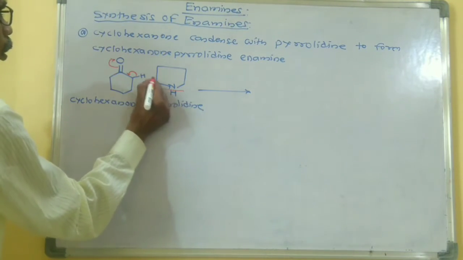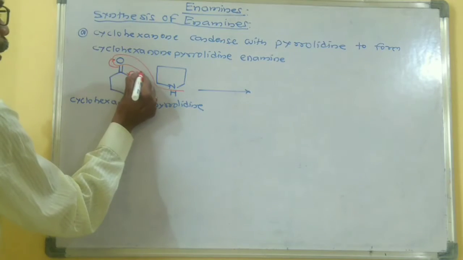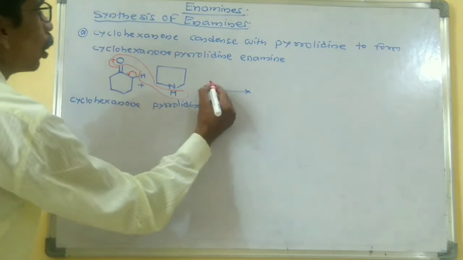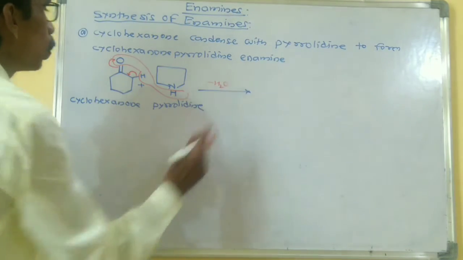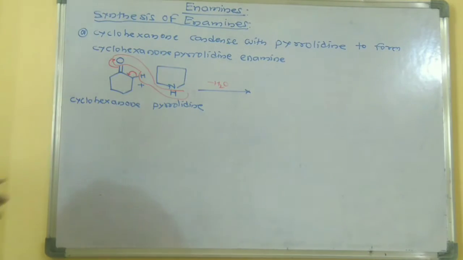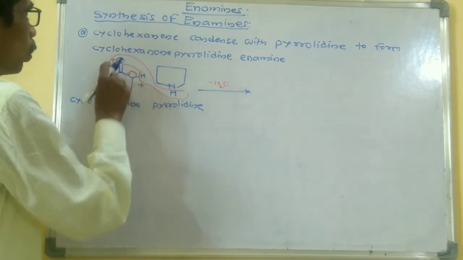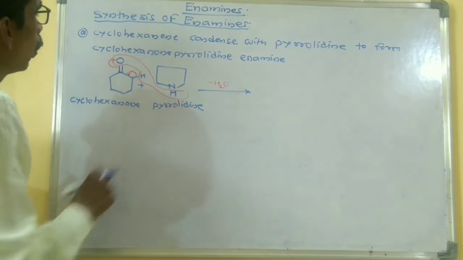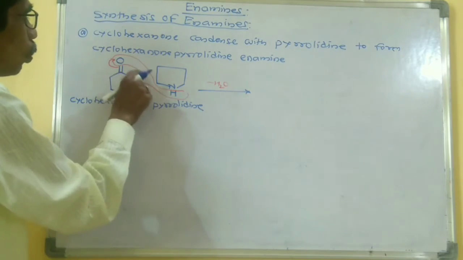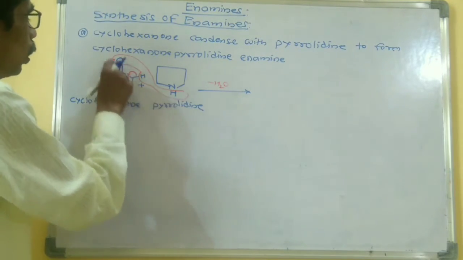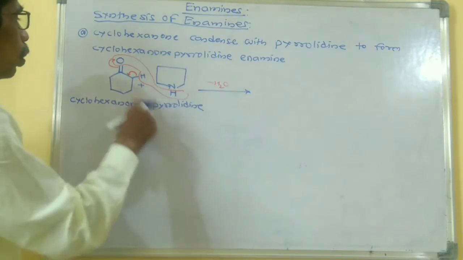This H, this O and this H, minus H2. Then this bond is transferred to this oxygen atom and it becomes OH minus, and this OH minus and this H plus combined will remove the water molecule.